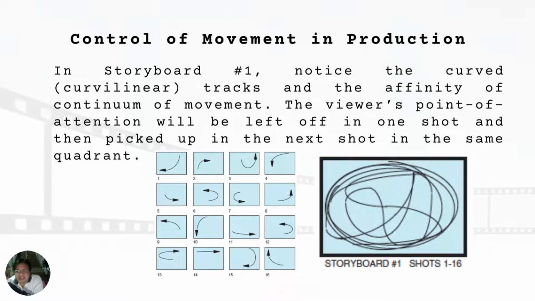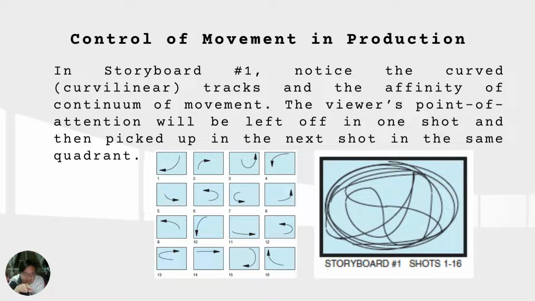Combining all the pictures into a single frame reveals the linear motif created by the track of an object's movement from shot to shot. The eye's path of movement is choreographed around the frame in a circular manner. Smooth. Diba? From 1, and then 2, and then 3. So even though there are a lot of curves, nagsasambutan sila sa isa't isa.